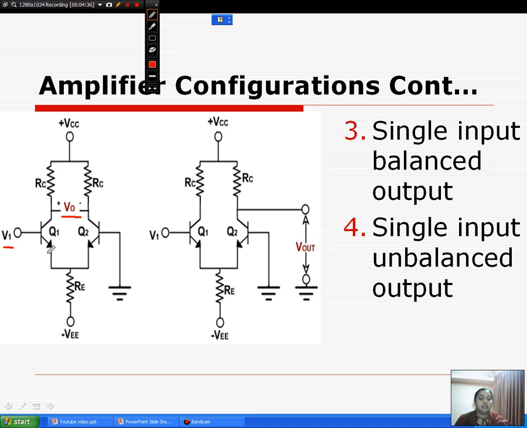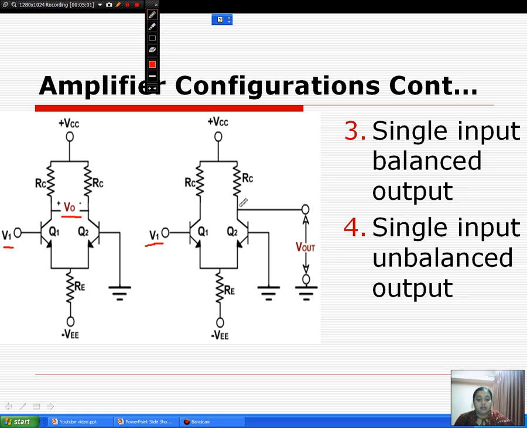As we see in this fourth configuration, the base of transistor Q2 is connected to ground, which is the second input, and only V1 is connected. Here also, as it is single input, the base of transistor Q2 is connected to ground and only V1 input is connected.